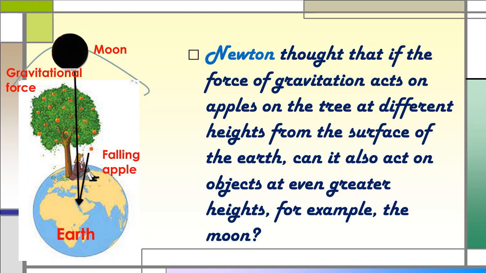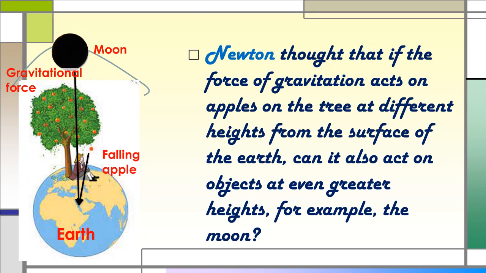So gravitational force is there between the moon and earth, and sun and the earth. But as the distance increases, that means moon to the earth and sun to the earth, we know the distance is very great. So as the distance increases, gravitational force decreases.